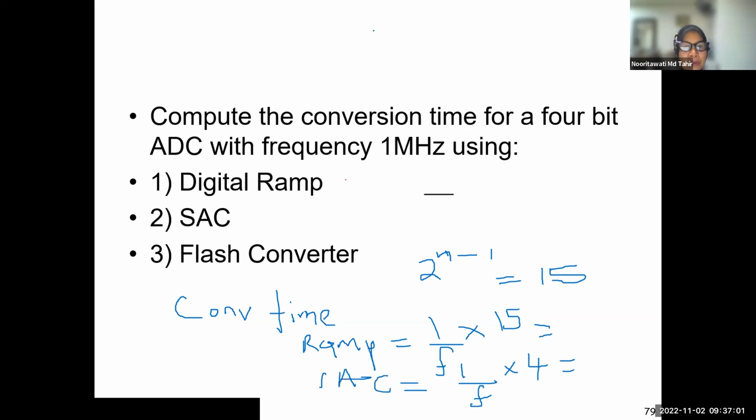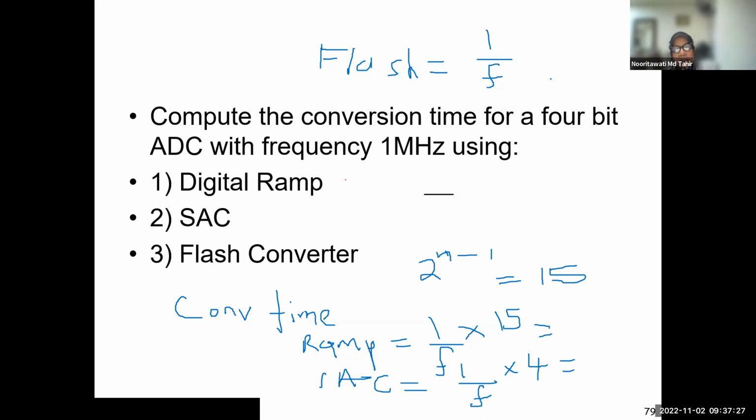Okay. Dan kalau untuk flash, ya. Dia terus 1 off saja. Dia sekali serentak dia compare. So which is 1 over F. Okay? That is the computation untuk conversion time. So dekat sini kita boleh nampak lah flash converter is the one doing very fast.